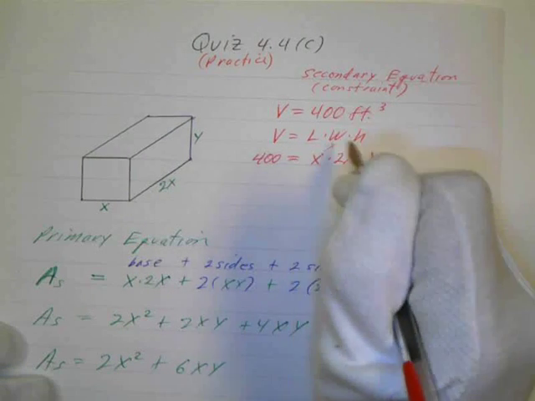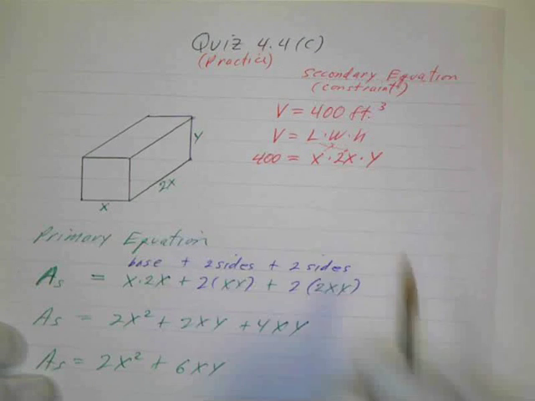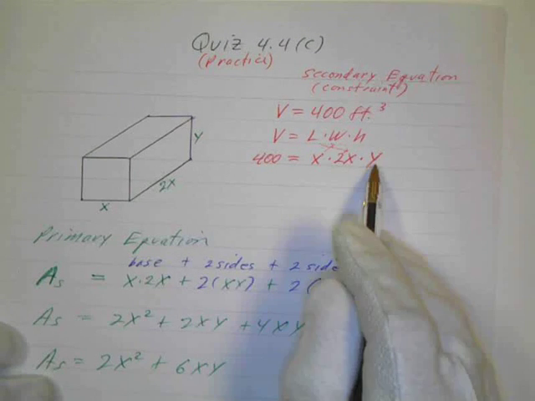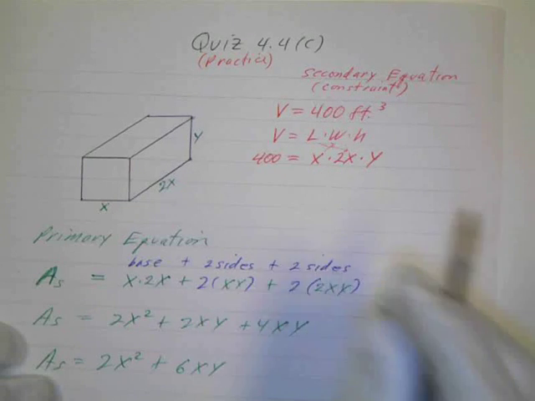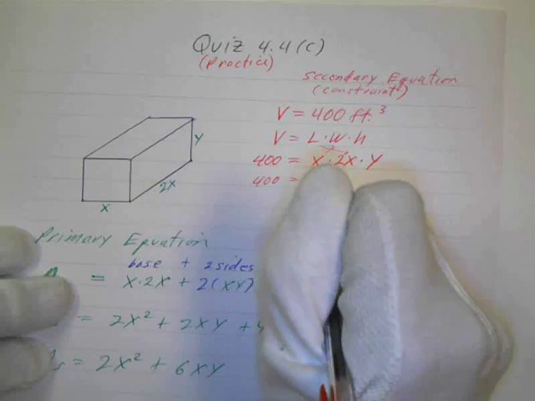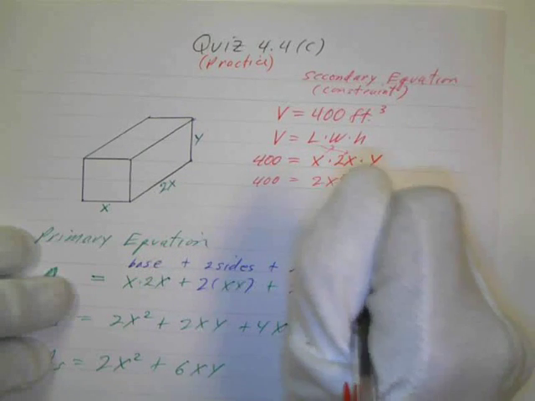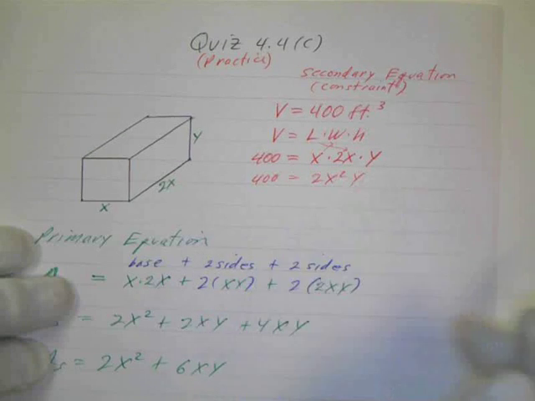That's the width, and that's the length. So I wrote width times length times height. Sorry about that. And that's going to be 2x squared times y, so I can simplify that. So I can say 400 equals 2x squared y. Width times the length times the height.